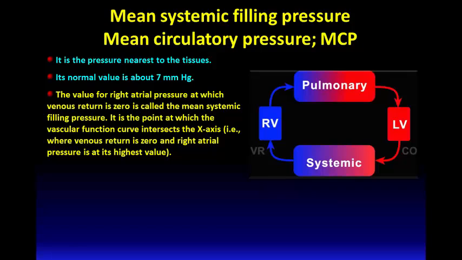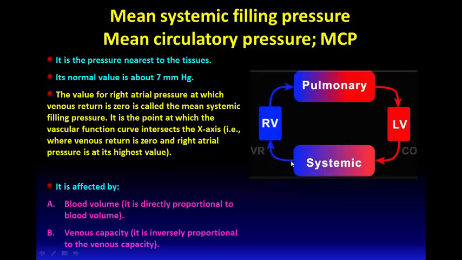In other words, it is the value where the venous return is 0 and the right atrial pressure is at its highest value, and no pressure gradient is thus present between the venous pressure nearest to the tissues and the venous pressure nearest to the heart. We will describe the venous return curve, the vascular function curve, in more detail in the subsequent slides.